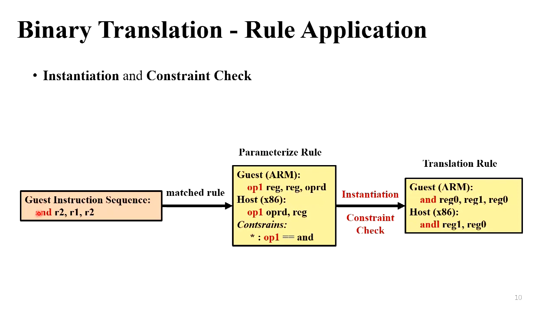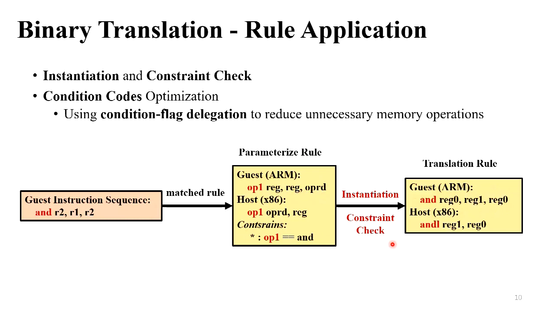In this example, the guest instruction performs a bitwise AND operation, and it can be matched by the parameterized rule shown here. The parameterized opcode OP1 will be instantiated to the AND opcode in the guest instruction and the ANDL opcode in the host instruction. The operands reg and OPRD will be instantiated to their corresponding values. During the instantiation, the constraints mentioned earlier will be checked to guarantee correctness.